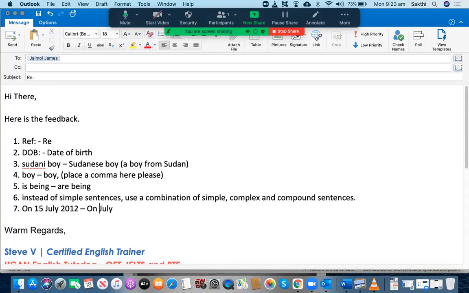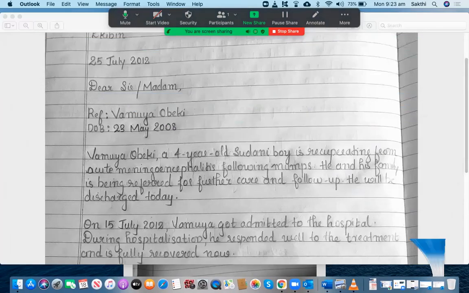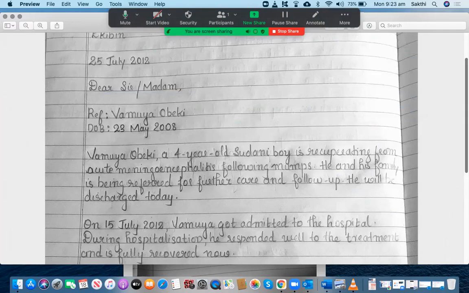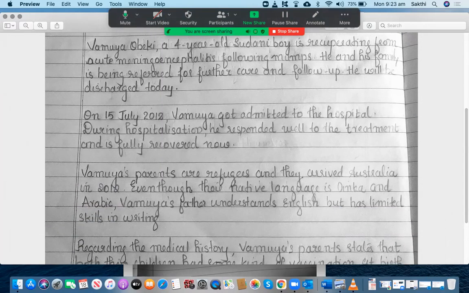That's more than enough. Writing down the year, if the events are occurring in the same year, is not good. You can just use only the date and the month. That's it. All right, let's go to the next one.